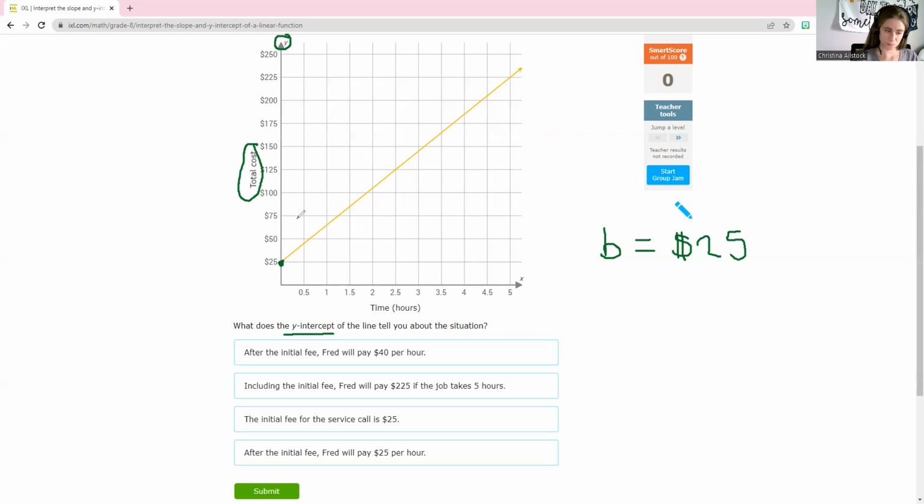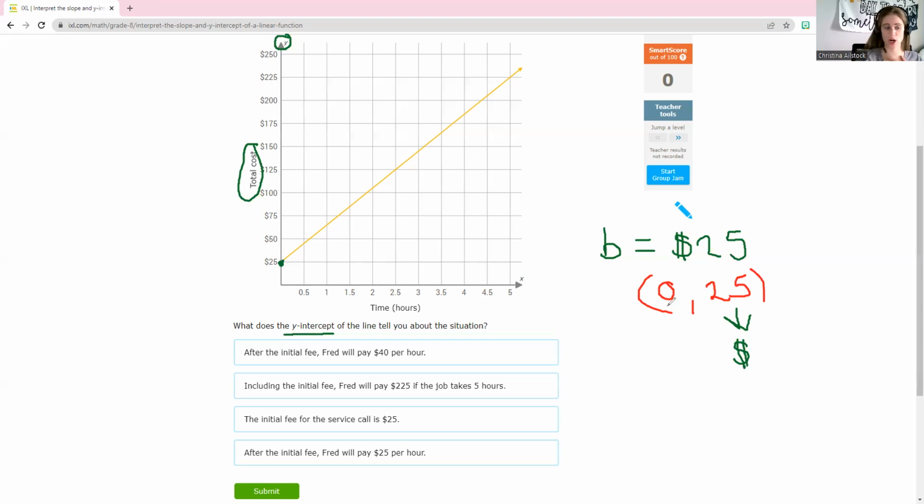Now, normally that's all we really need, but remember your y-intercept can be written as an ordered pair. If we write it as an ordered pair, it would be (0, 25). We already said that 25 is the cost, so I'm just going to put a dollar sign. What would that 0 represent?